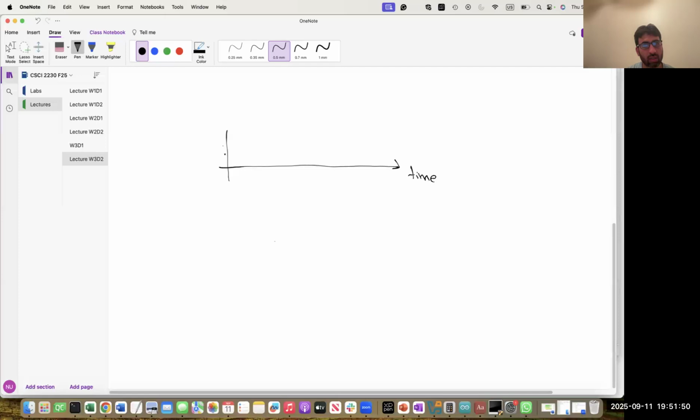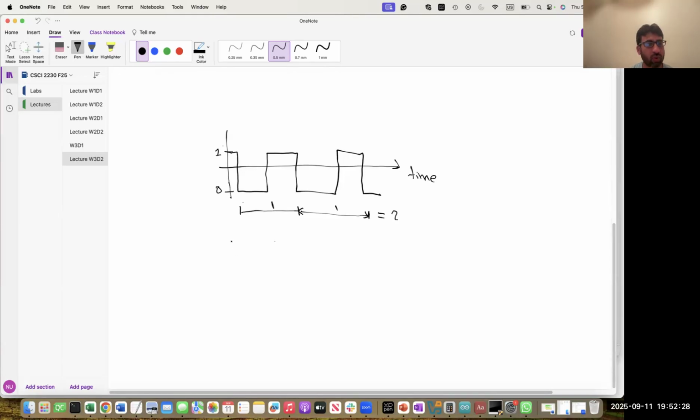And let's say this is my clock signal, with this being logic 1 and this being logic 0. If my one instruction takes one clock cycle, how many instructions can I complete in this time period? I can complete one instruction here, and then another instruction here, right? So in total, I can execute two instructions.